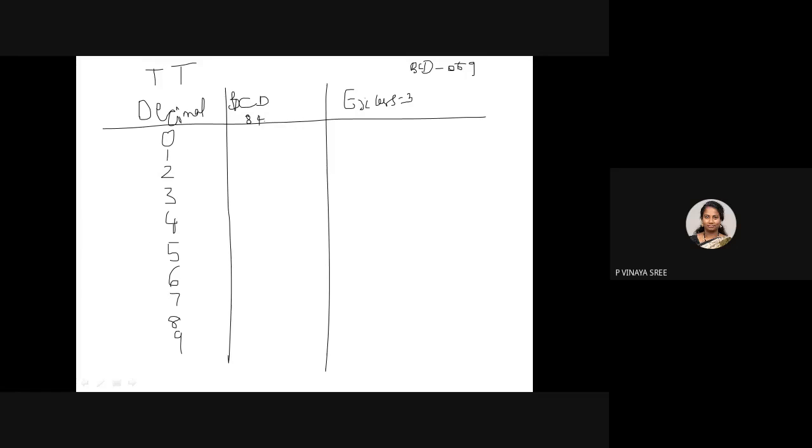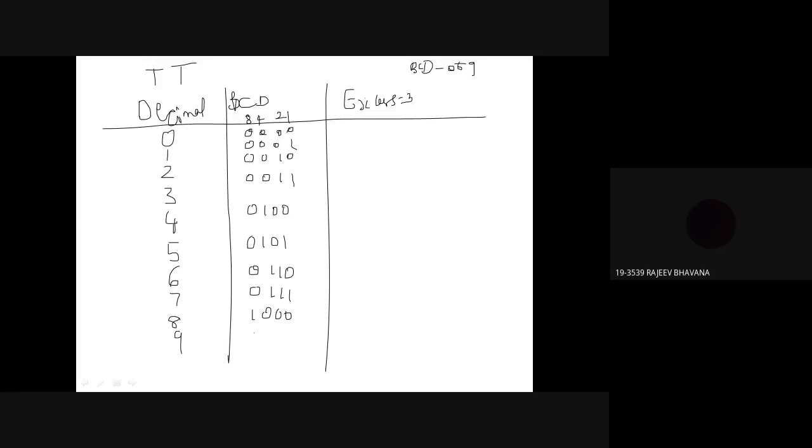BCD means 8421: 0 is 0 0 0 0, 1 is 0 0 0 1, 2 as 0 0 1 0, 3 as 0 0 1 1, 4 as 0 1 0 0, 5 as 0 1 0 1, 6 as 0 1 1 0, 7 as 0 1 1 1, 8 as 1 0 0 0, 9 as 1 0 0 1.